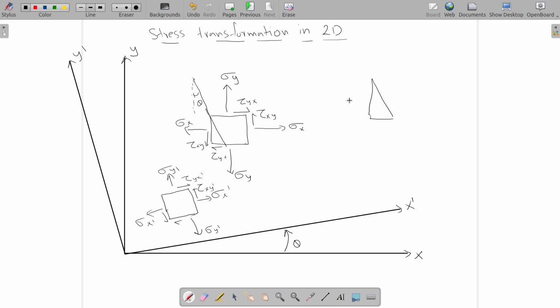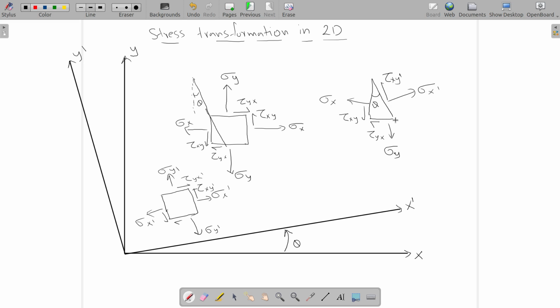This is the cut part, and here you have sigma x, tau xy, tau yx, sigma y, sigma x dash here, sigma x dash here, tau xy dash, and this angle is theta here.